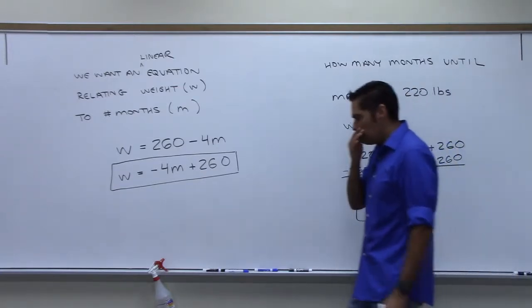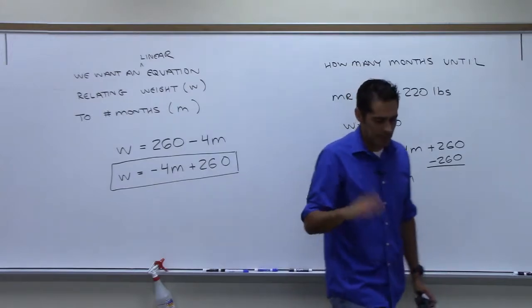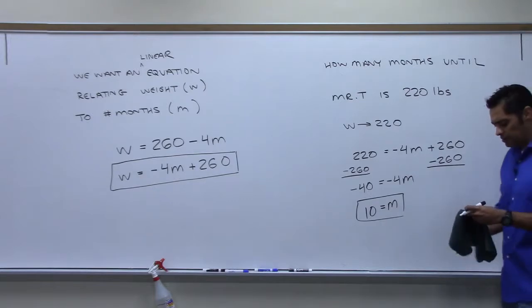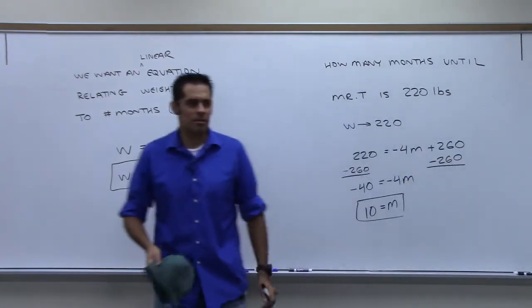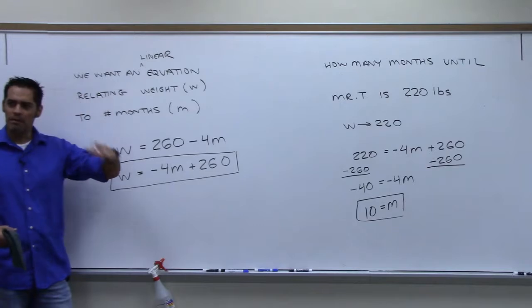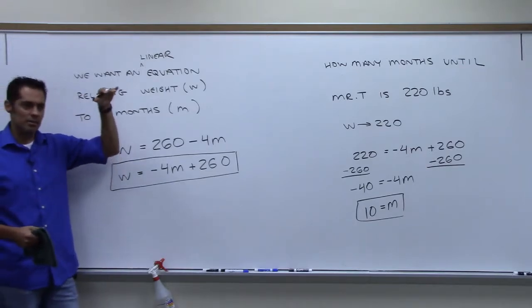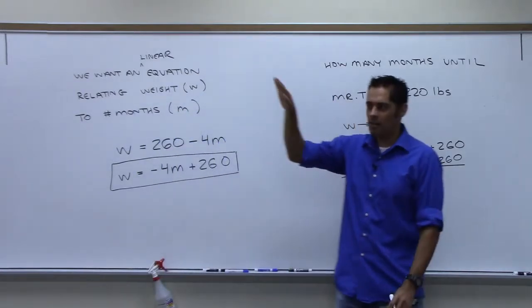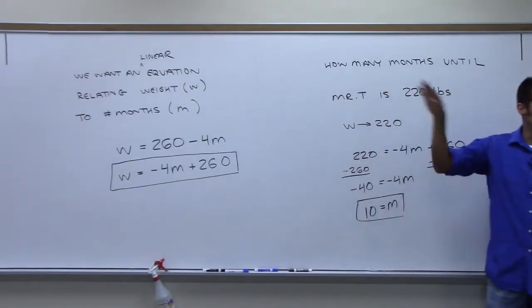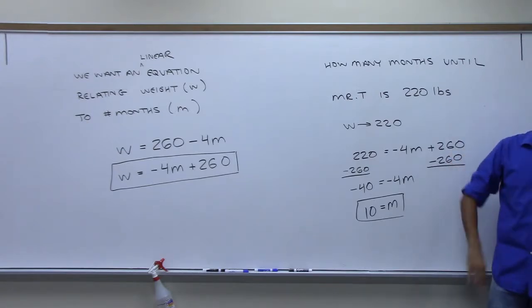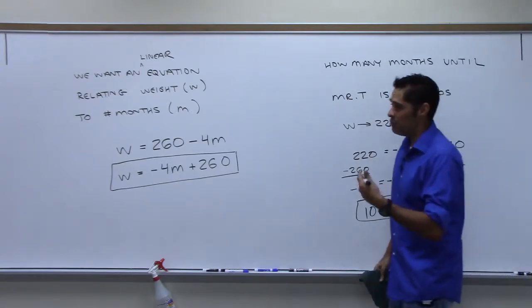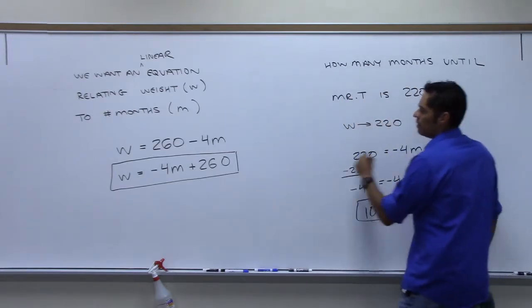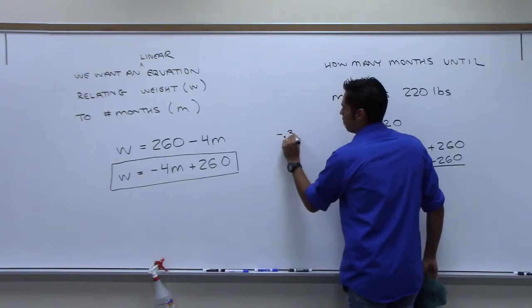I probably have it on my laptop, but I don't think I'll show it. Every once in a while, I'll train for a triathlon or something, and I always have to drop weight for it. And this is exactly what I do. I have a linear model that I use to figure out how long it's going to take me to get to my competing weight. I can tell you right now that when I train really hard, my slope, my m here, is about negative 0.321.